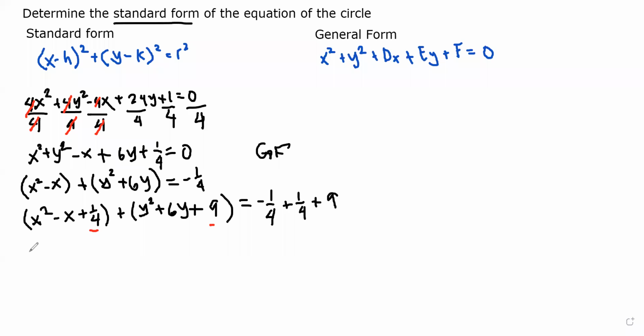Next step is we have to get the factors of each group. So for the first group, the x terms, we just copy x without the exponent 2. And then to identify the second term, we have negative 1 as the coefficient of the second term. We're going to use again this.